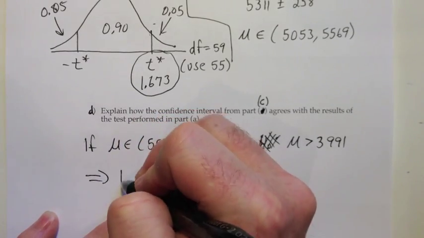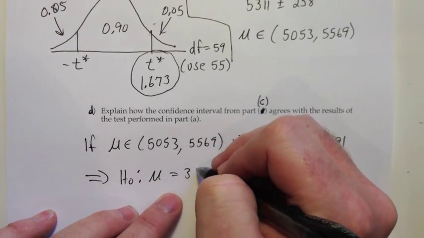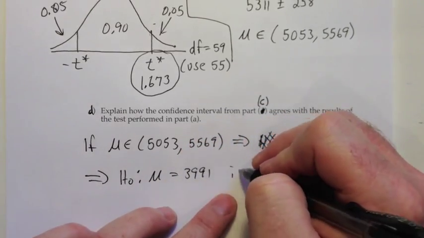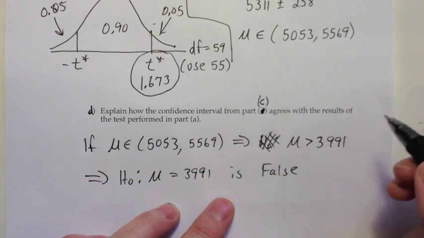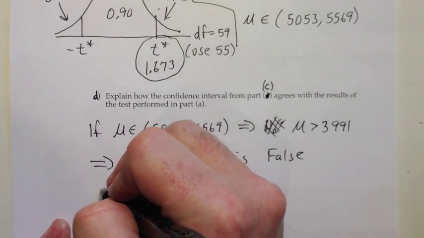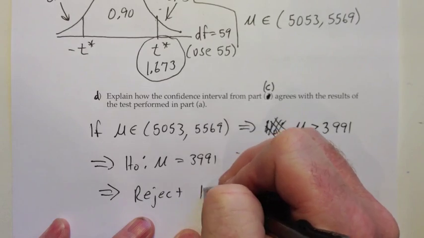And that implies that H0, that stated mu equals 3991, is a false claim. And if we're confident that H0 is false, then the right thing to do would be to reject it.